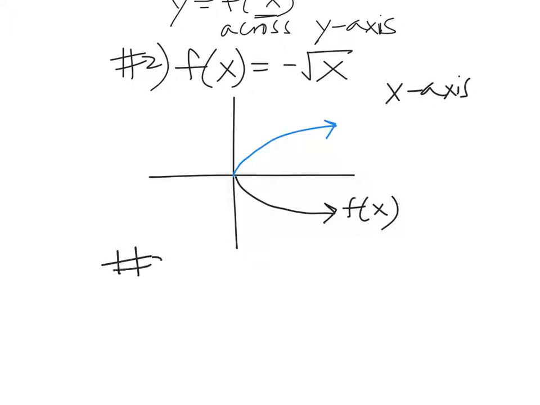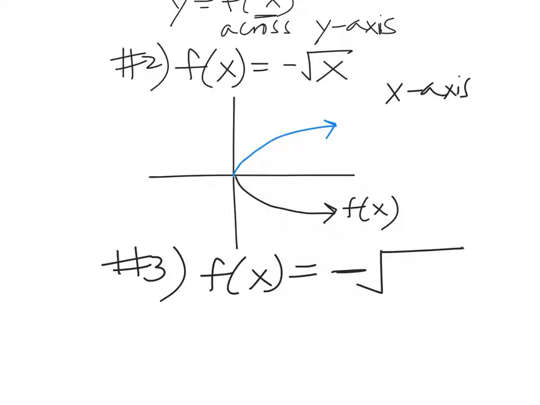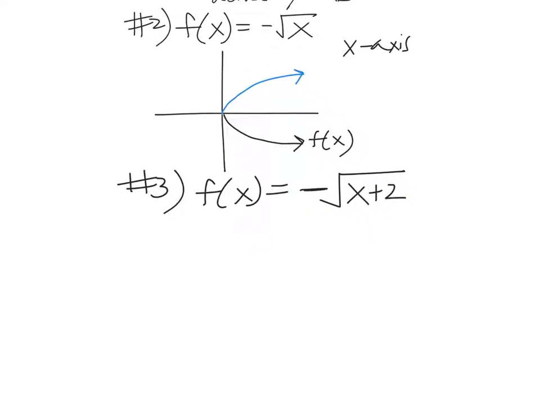Let's try number 3. Let's do this one. F of x equals negative square root of x plus 2. Okay? I like to start with the parent function. Sometimes I'll draw it in a different color.